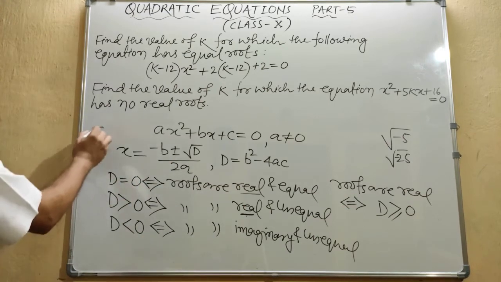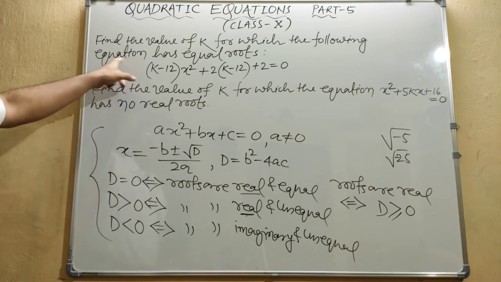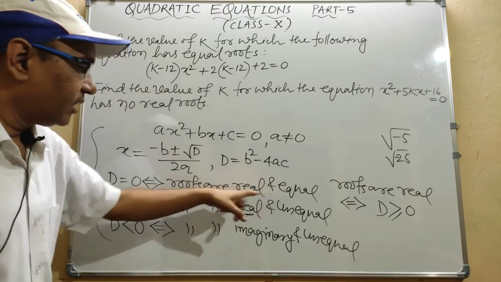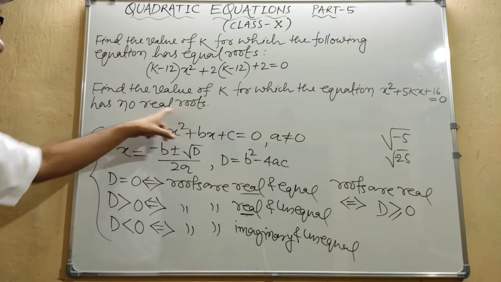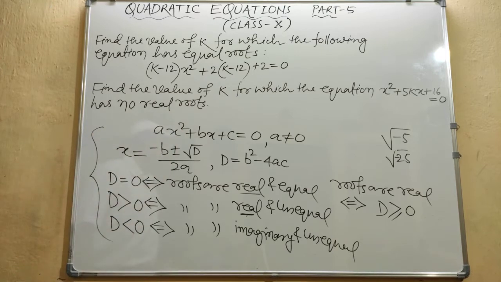So these many things you have to know about nature of roots, and both the problems are based on these results. Here root equation has equal roots. Equal root means here it is real and equal, then discriminant must be 0. And here both the roots are imaginary, no real roots. Imaginary means discriminant must be less than 0. So that will be used in these problems.